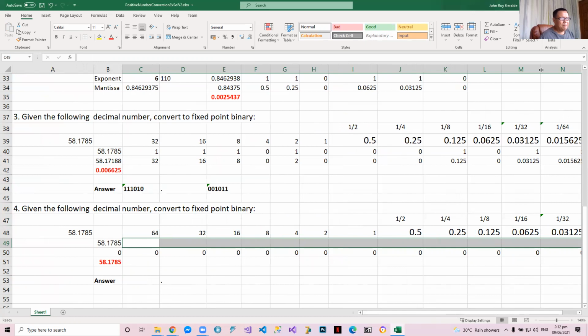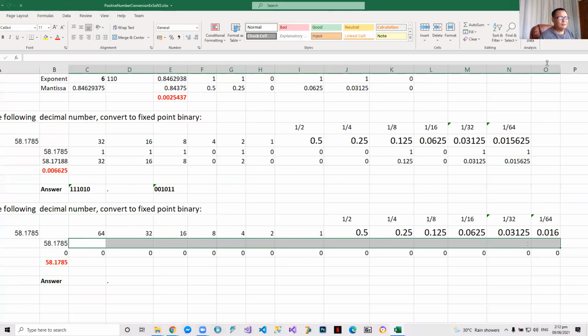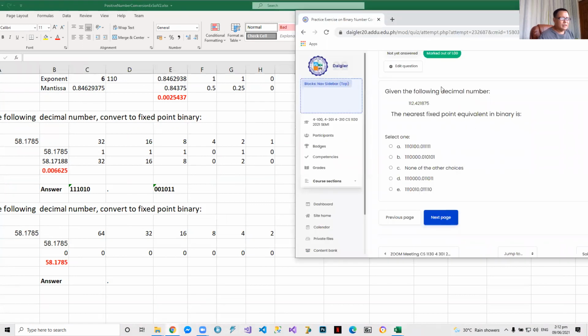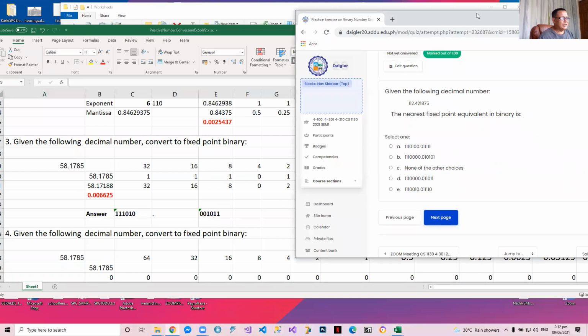Take note, yeah, we have to extend the table, because the problem this time requires us to have 112.4218, no? We'll just copy this and then convert it into a number.